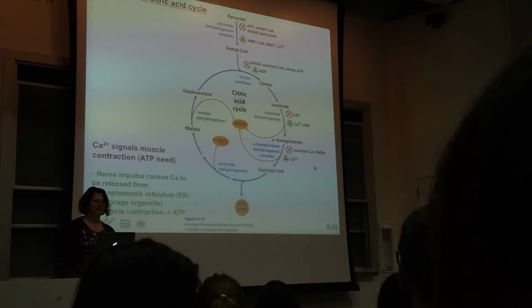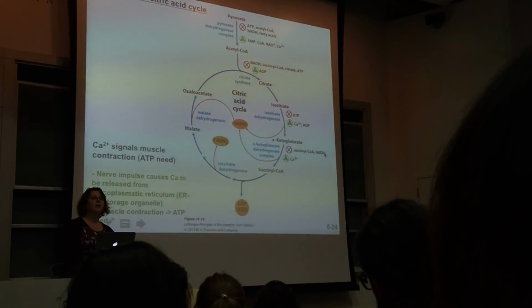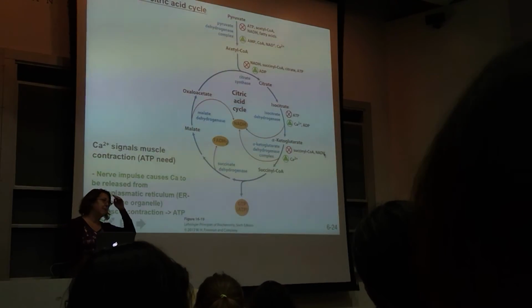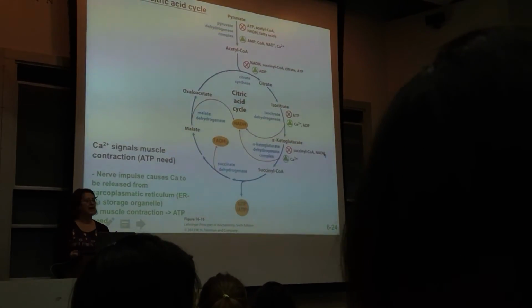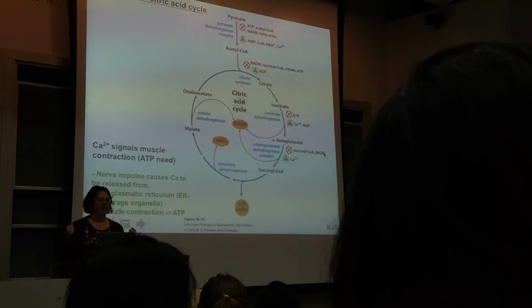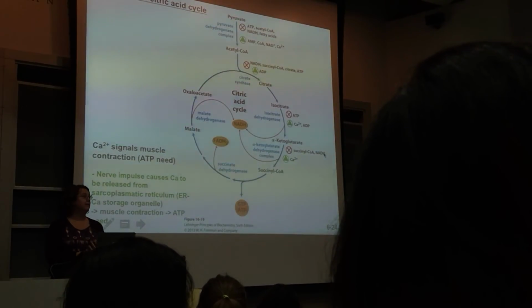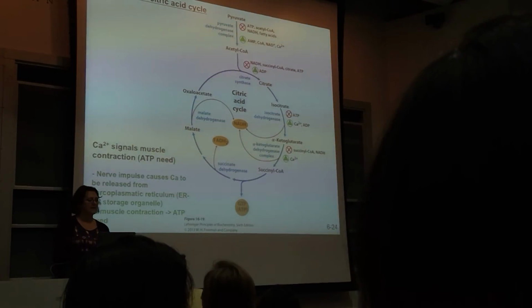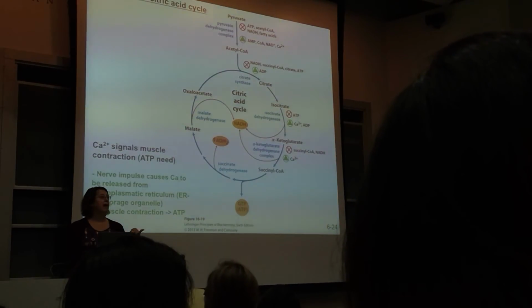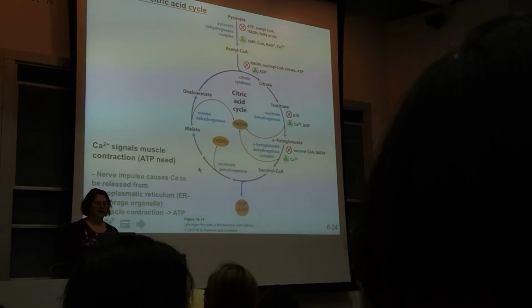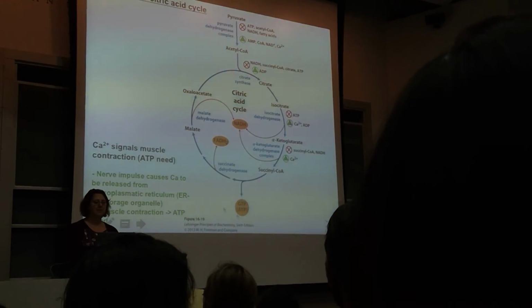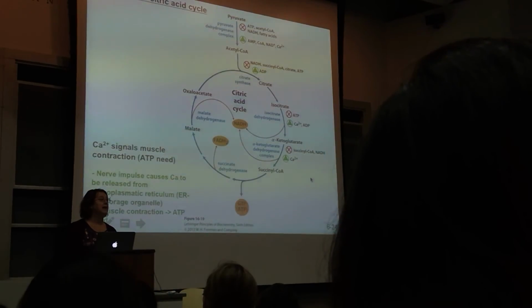So what about the calcium? We talked in our previous lectures about muscles, and the need to contract and need ATP, not to generate it, but to need it. So calcium is actually a signal of muscle contraction and a need of ATP. So basically, if you have calcium, you want to stimulate this pathway because you need ATP.